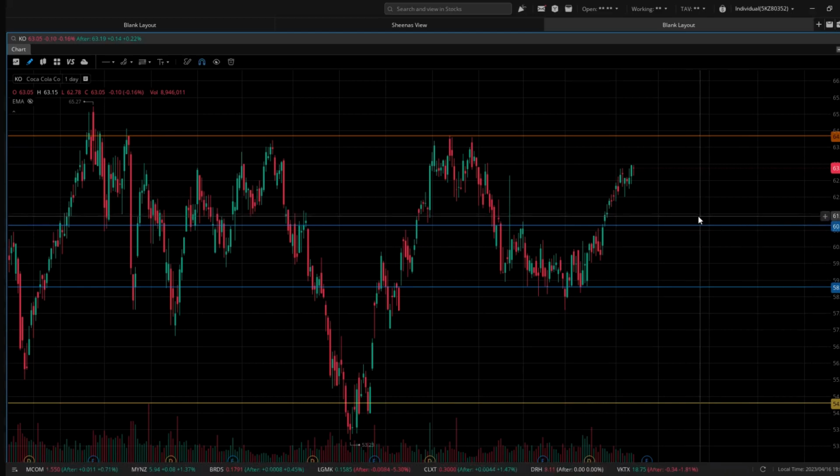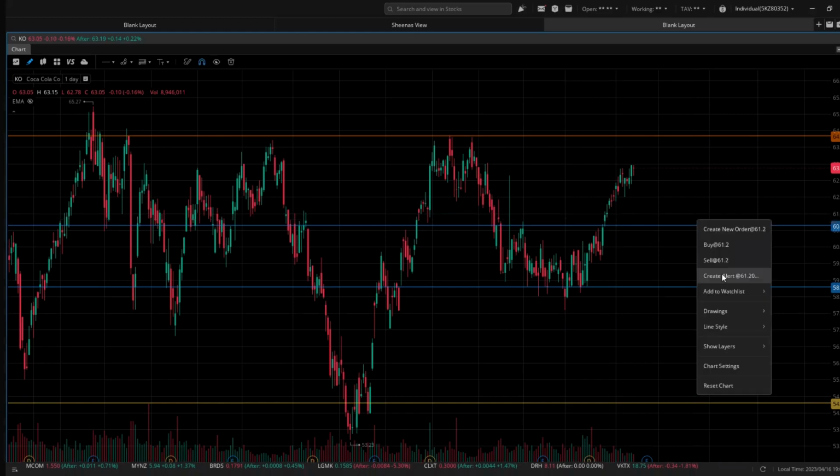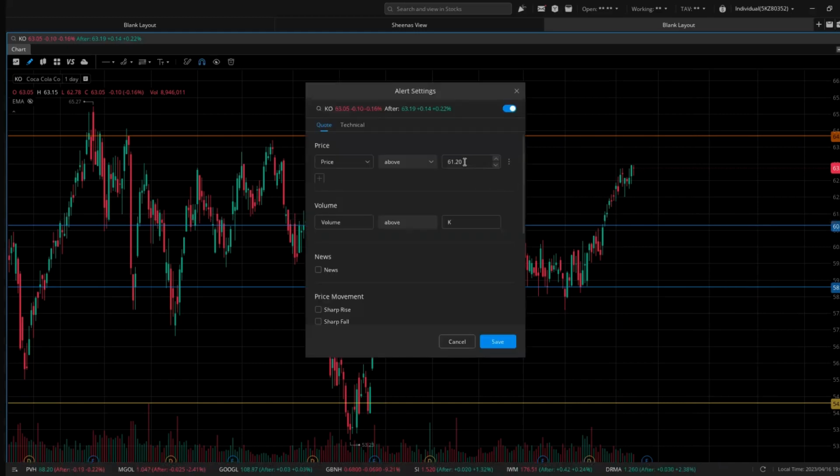So what I would probably do is set an alert around 61.15 or so. And basically what this is going to say, price below. So when the price goes below 61.15, I'll get an alert. I'll get an alert if I'm on my laptop and I'm logged into Webull.